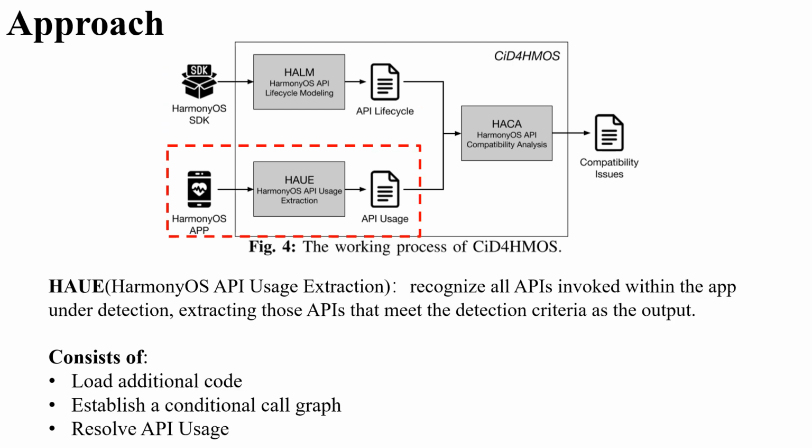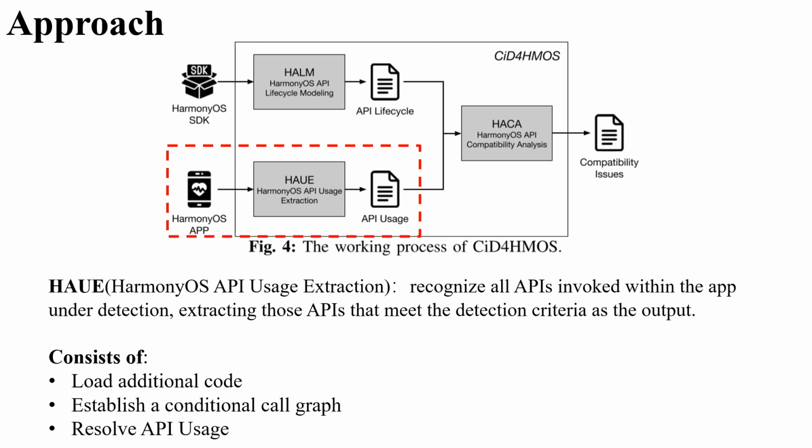The second section of our presentation focuses on HarmonyOS API usage extraction, often referred to as HAUE. With HAUE's assistance, we can recognize all APIs invoked within the app under detection, subsequently extracting the APIs that apply our detection criteria.